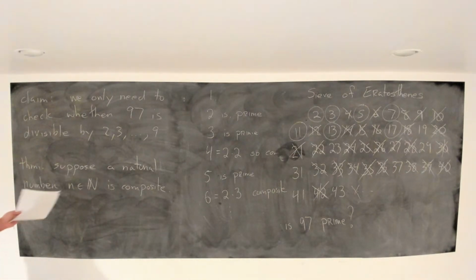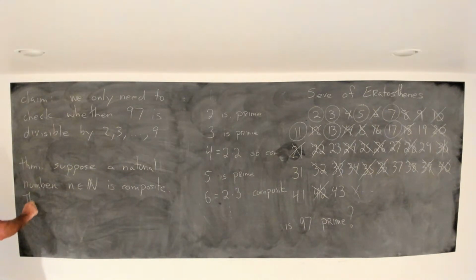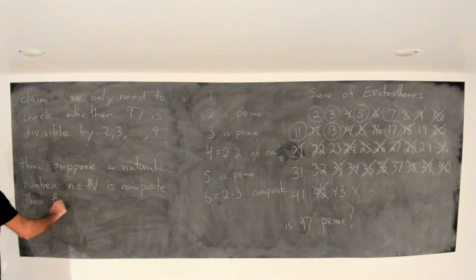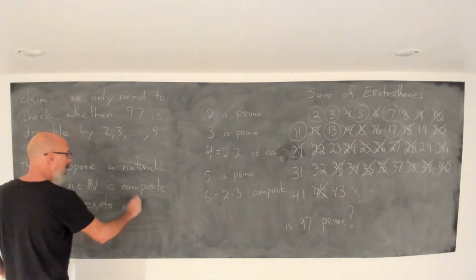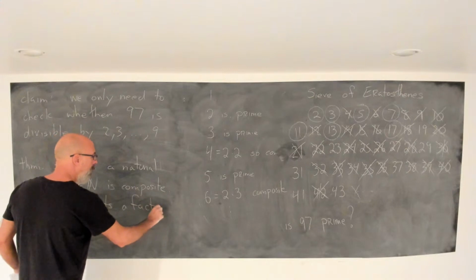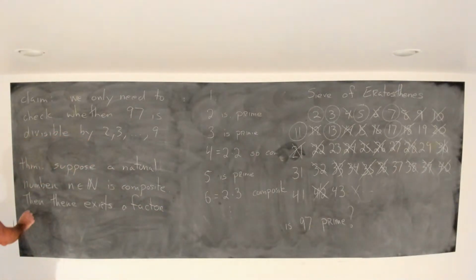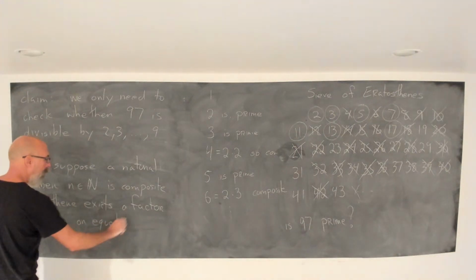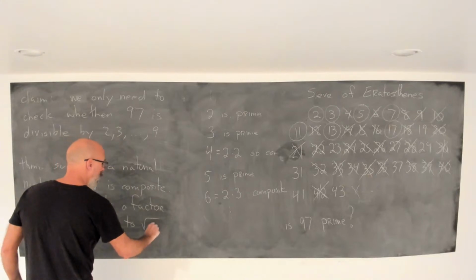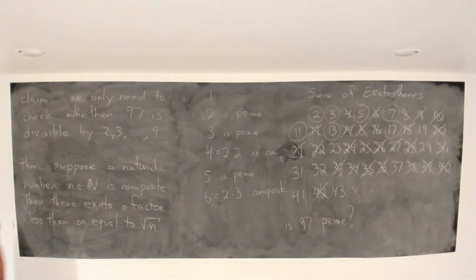Suppose a natural number is composite. Then there exists a factor less than or equal to root n.